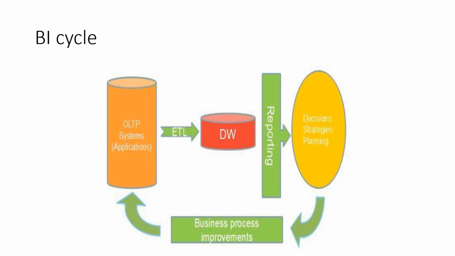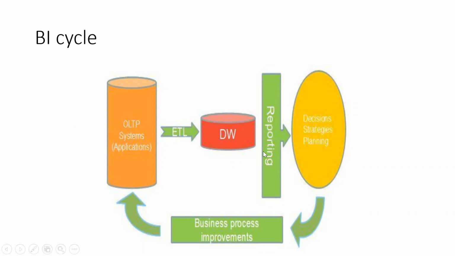Suppose their business is not going well for the last 1 week. They can check these things from the report or dashboard. They'll identify what can be the root cause of this, and they can take the correct strategy.